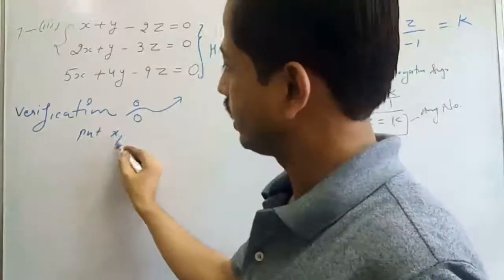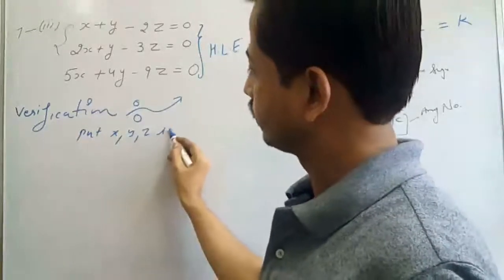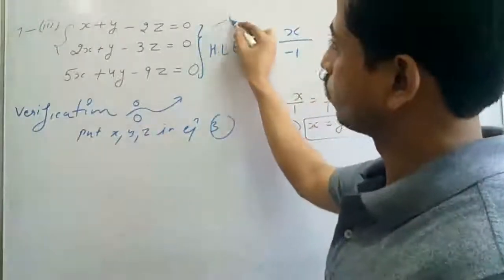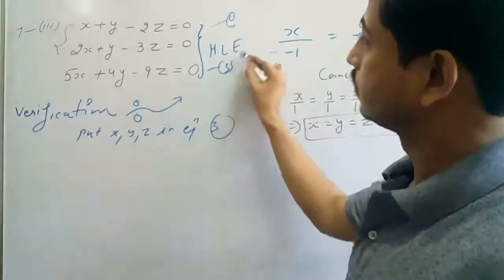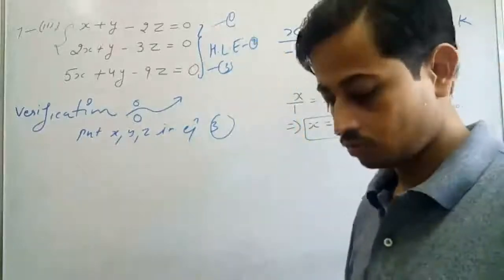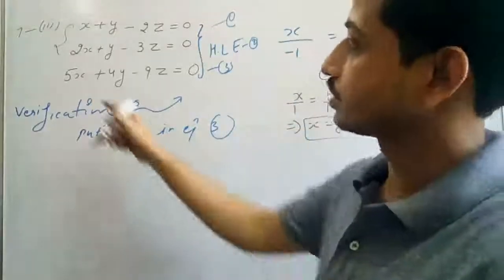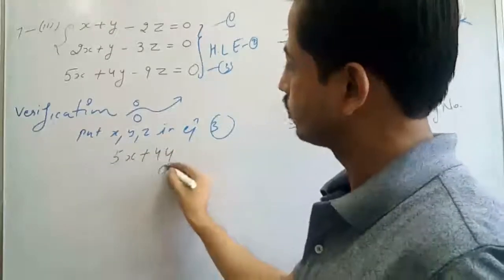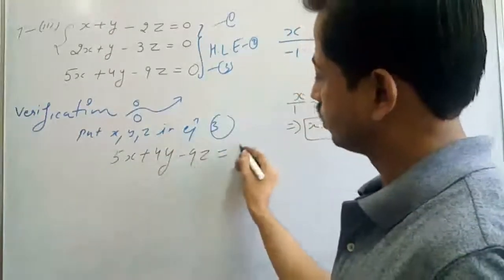Put x, y, z in equation 3. This is equation 1, this is 3, this is 2. Now what's the third equation? This is 5x plus 4y minus 9z is equal to 0.